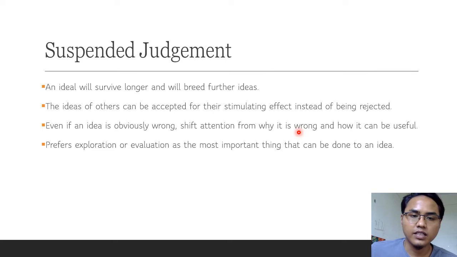So in this case, if we have an idea that is obviously the wrong concept to solve the problem, we must shift our attention to see what is the idea behind the concept that we can use to solve the problem. We do not take the one solid point of the idea. We just take a part of it in the suspended judgment.